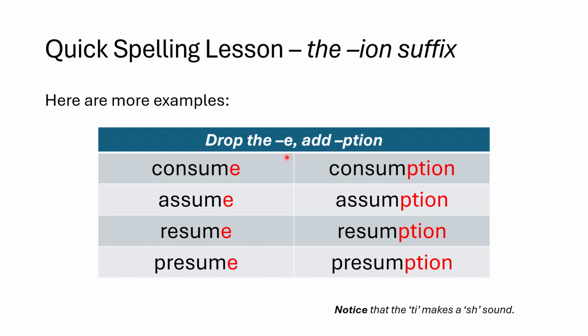Drop the silent final E. Add PTION. I will say the word. I will pause. When I pause, you say the word. The verb is consume. The noun is consumption. The verb is assume.